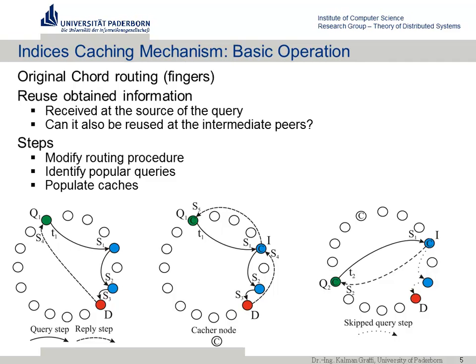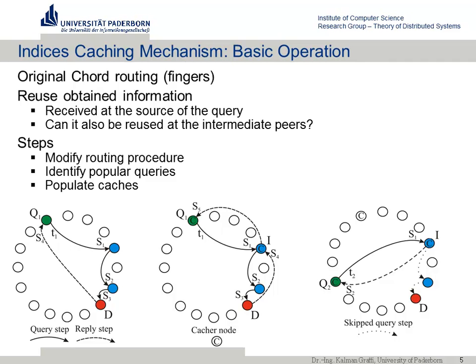Just imagine Chord and what we can reuse as information. For example, the routing information. In this case, in the lower left picture, the green node started the query for some document on the red node, and the query went along S1 and S2, and it was received by the red node, and so it was answered.